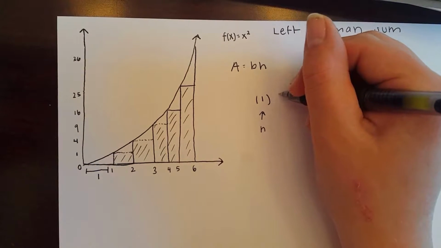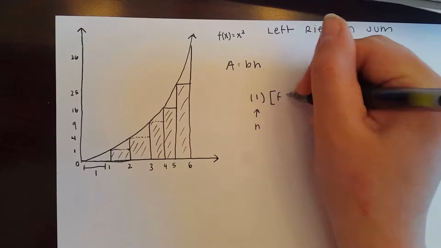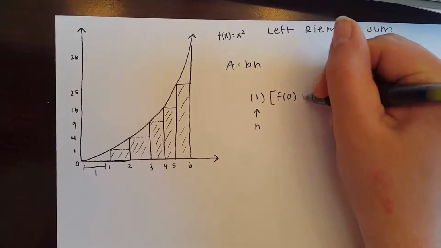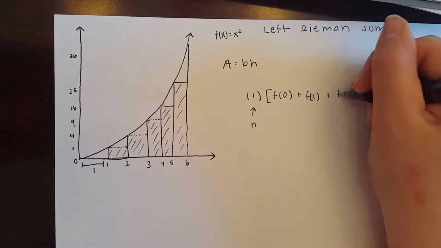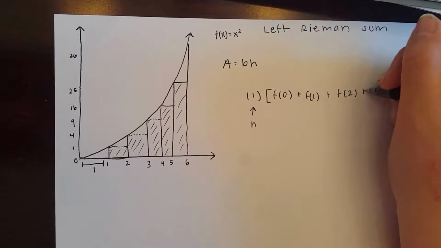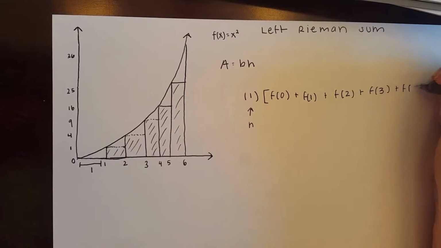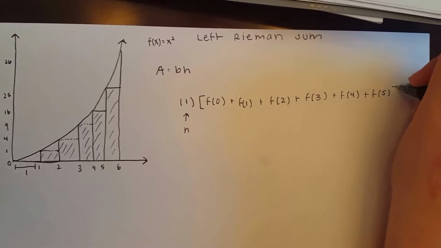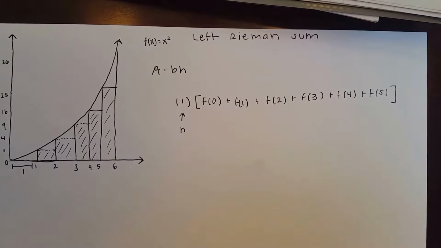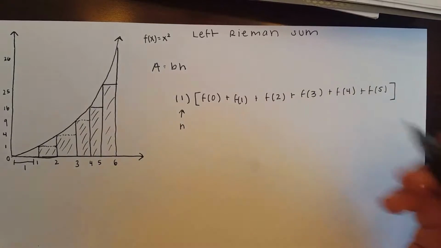And now to multiply all of the measurements together. So you're going to have f of 0, since that's the first left side, plus f of 1, plus f of 2, and so on. Okay, now you need to go to your graph, or table if that's what you're using, and find all of these measurements.